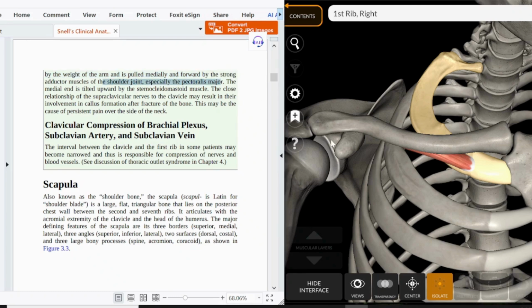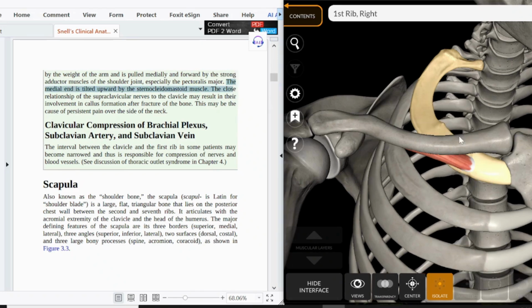The weight of the arm plus the adductor muscles displace this lateral fragment downward and medially. And what would happen to the medial end? The medial end is tilted upward.